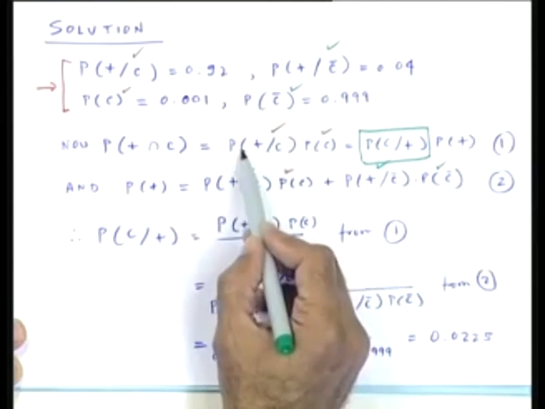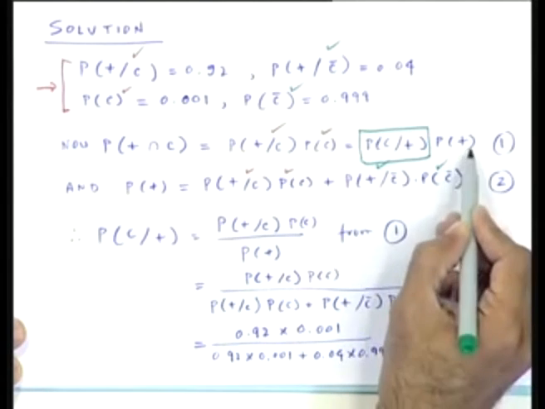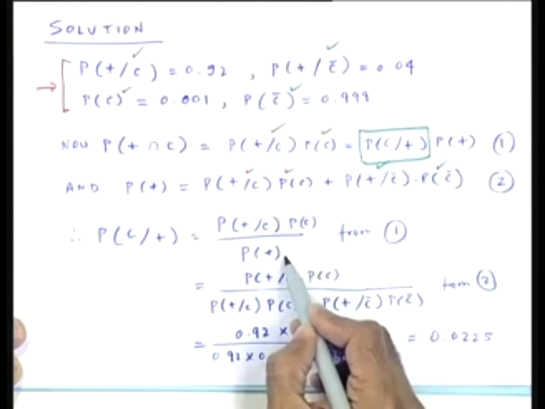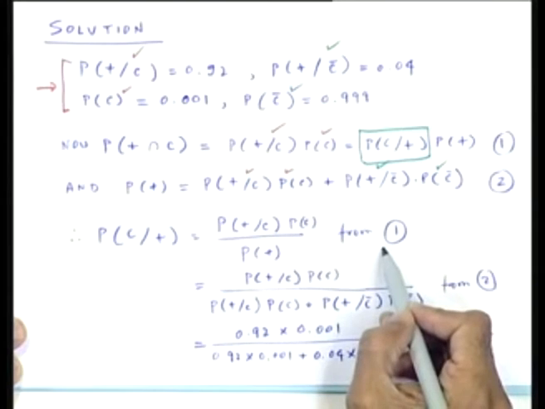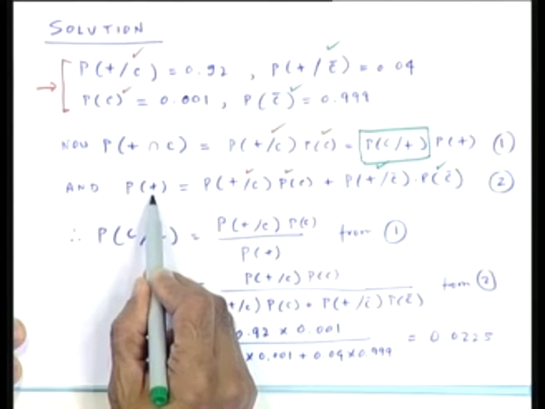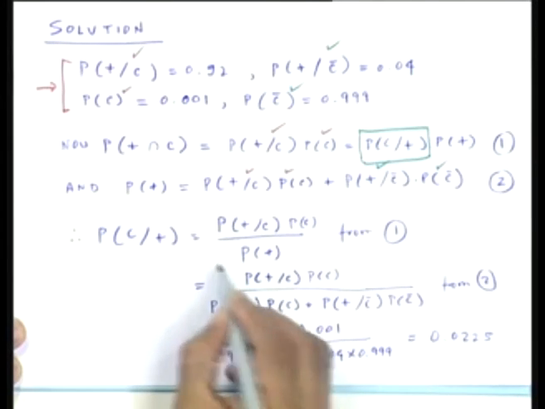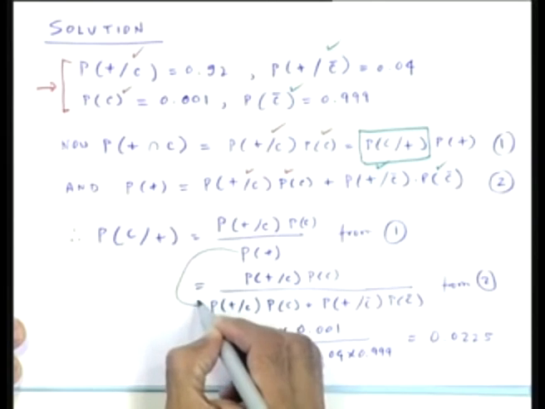I took this, put that in the numerator and divided by the denominator there. So from 1 I found this. Then from 2 I find the probability of the test being positive, which turns out to be this quantity that I put down here.